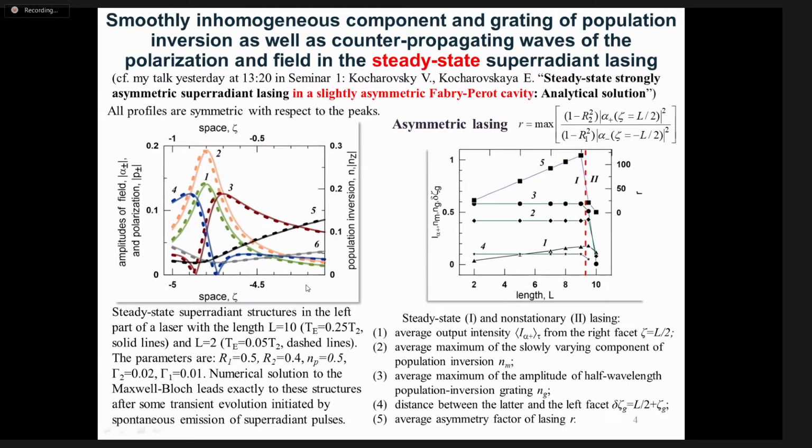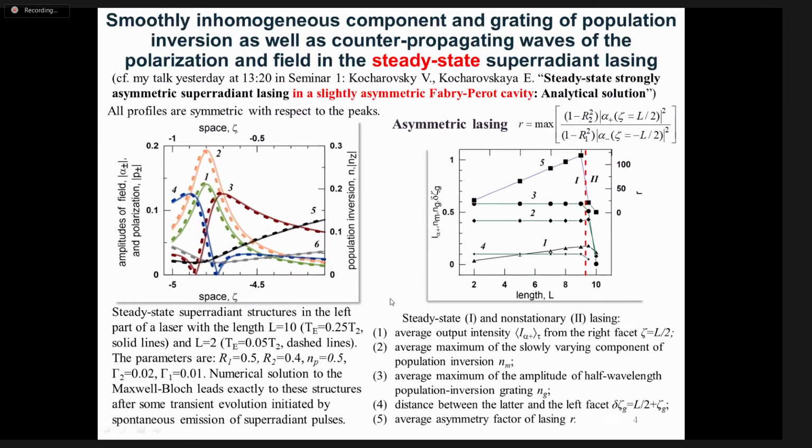Of course, if we increase the length of the cavity too much or increase the pumping too much, then far above the lasing threshold, this superradiant state becomes unstable and we come from asymmetric lasing to symmetric one.